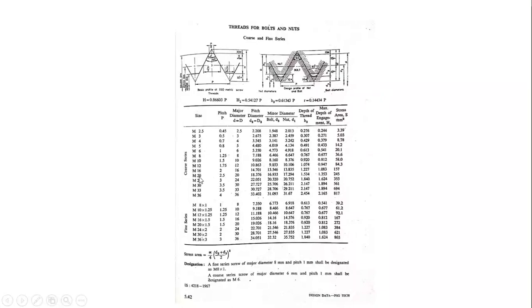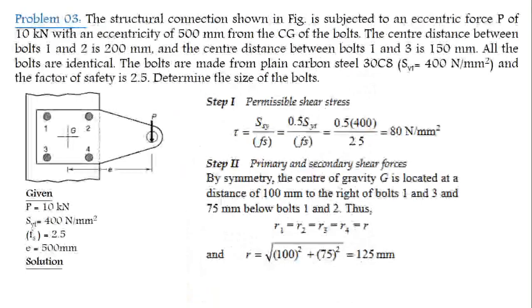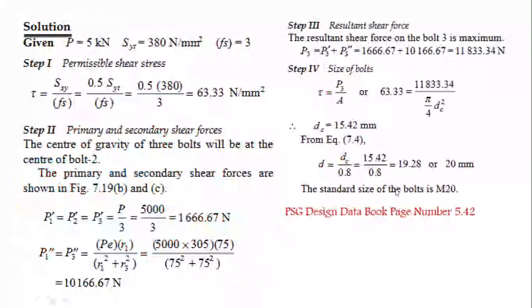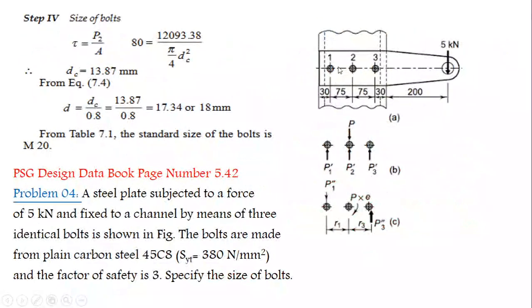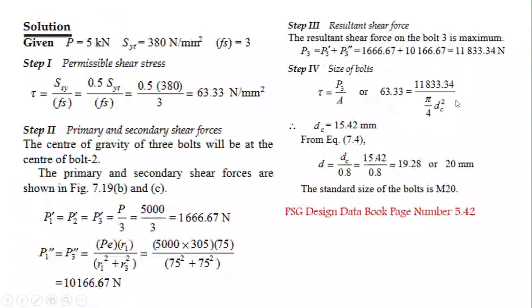Correspondingly, we get the standard bolt size M20. The standard size of the bolt is M20. The M20 bolt is suitable for this arrangement. That bolt is used to carry this 5 kilonewton load. Okay, thank you.